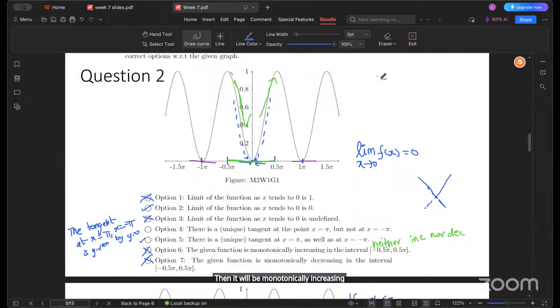See that 0 to 0.5 pi, it's monotonically increasing, and minus 0.5 pi to 0, it's monotonically decreasing.